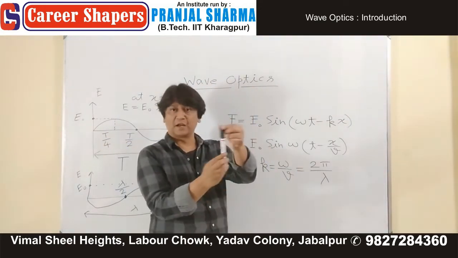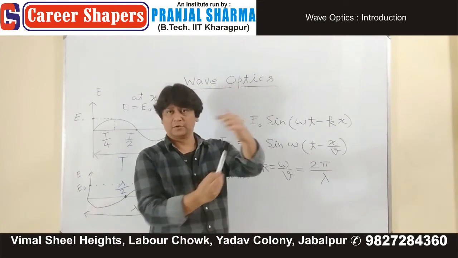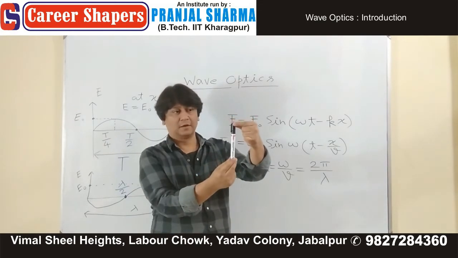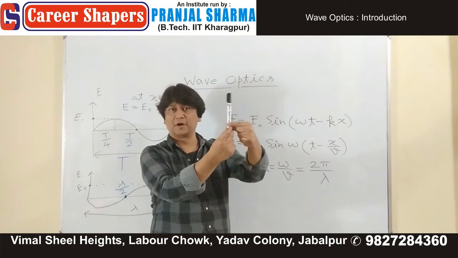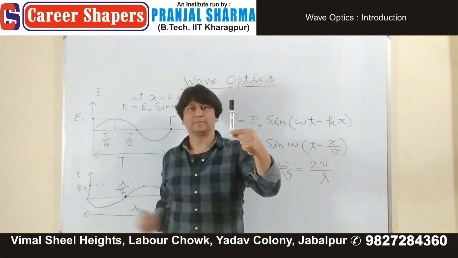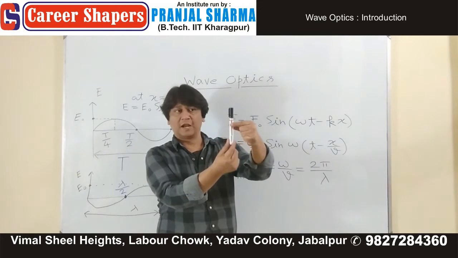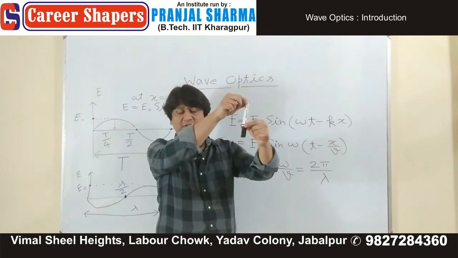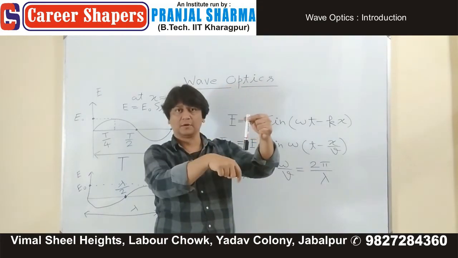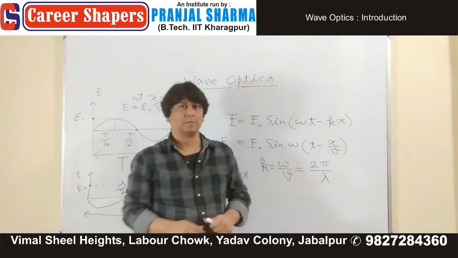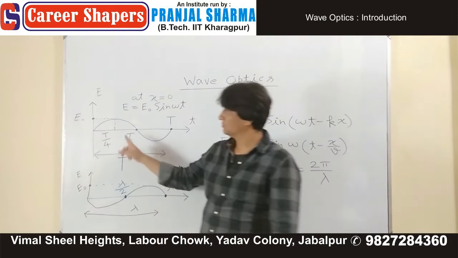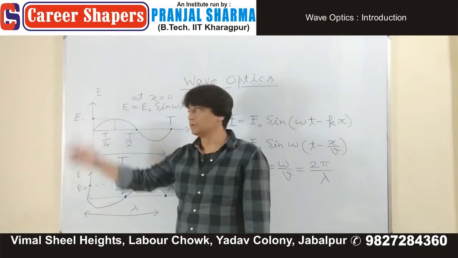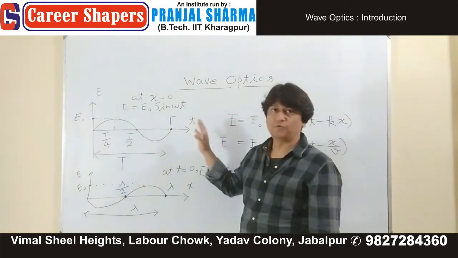So in the beginning it was 0, and then just look at this level of my fingers. This represents 0 electric field, and then it increases, and after T by 4 becomes maximum. Another T by 4, it becomes 0. Another T by 4, it reverses direction and now increases in this direction. Another T by 4, it becomes 0. At a given position, the way the electric field changes its values is given by the first graph.